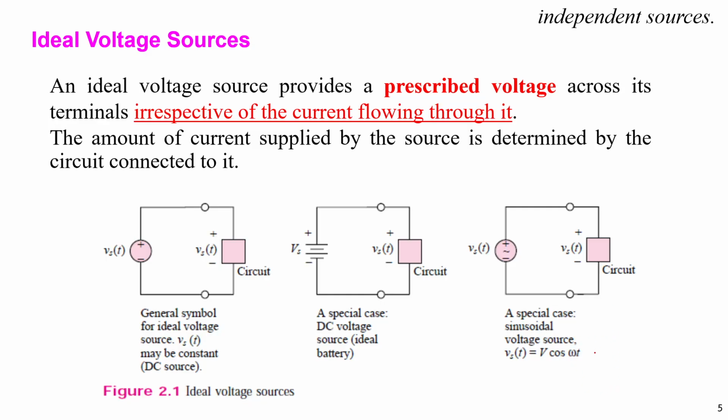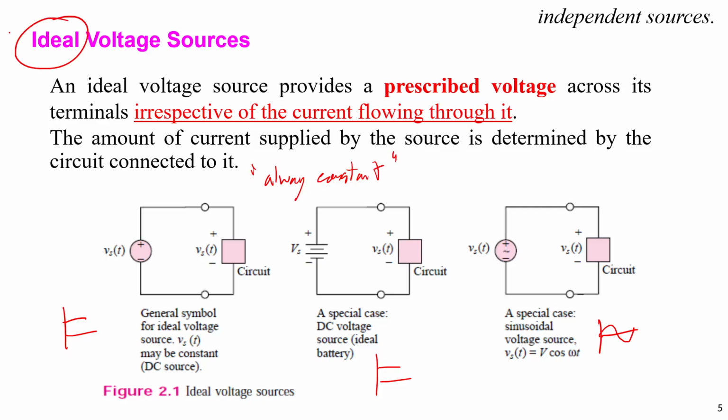This is the AC source, and this is the DC source, and the voltage is always constant, right? For the ideal voltage source, in our calculation, we assume it's constant.